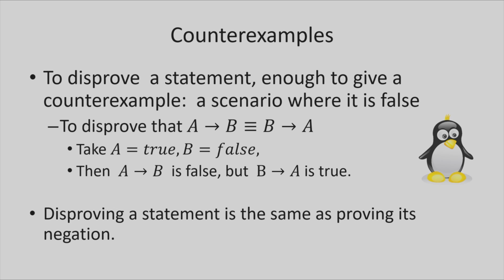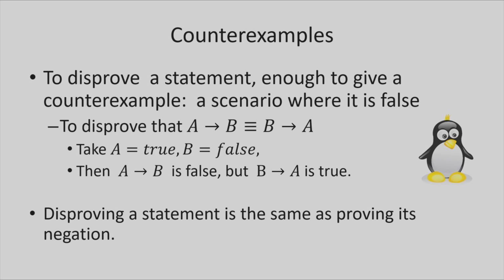Suppose we have a statement that says no matter what A and B are, if A implies B, then B implies A. You look at it and say, well, wait a moment. This is not quite right, because if I take A to be true and B to be false, so that's my scenario, then A implies B will be, well, true cannot imply false, so that's false.